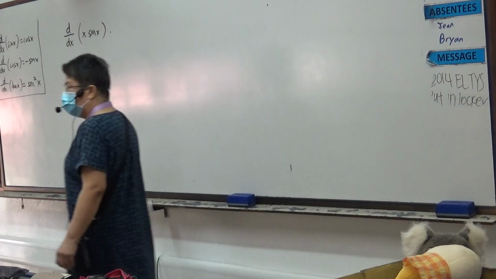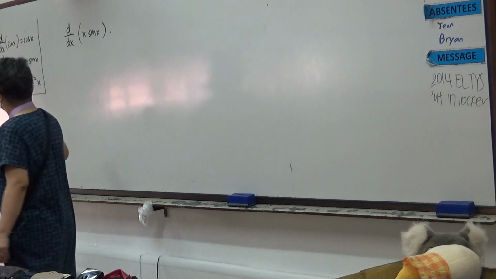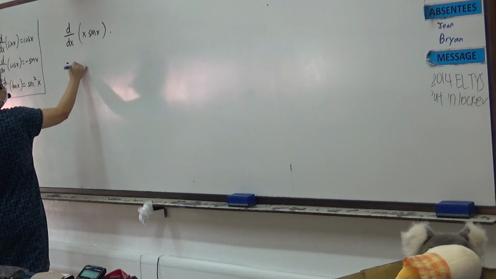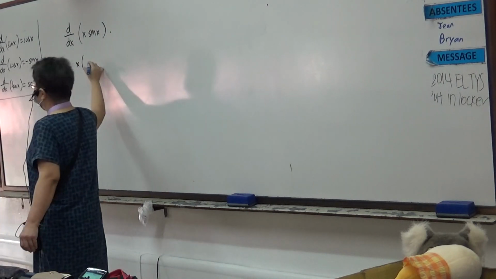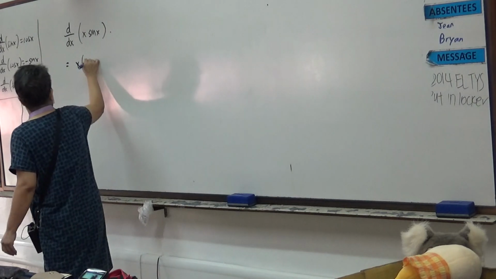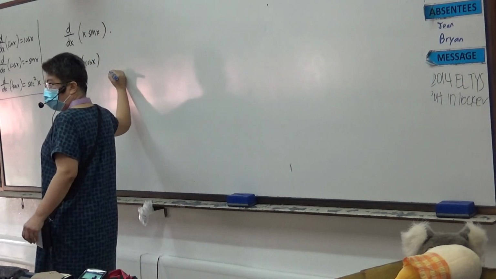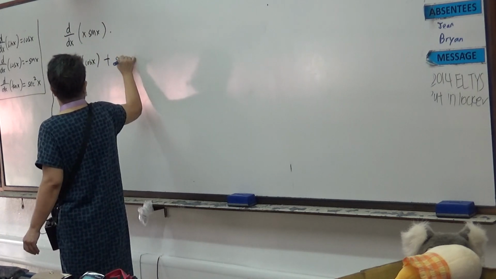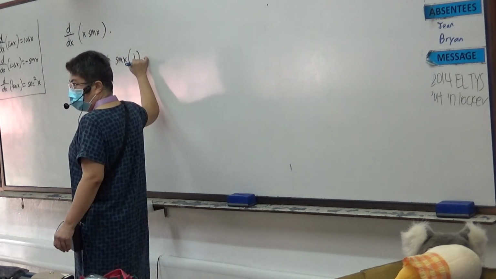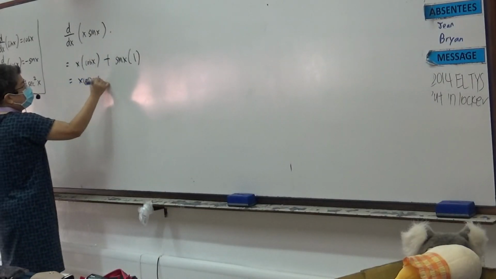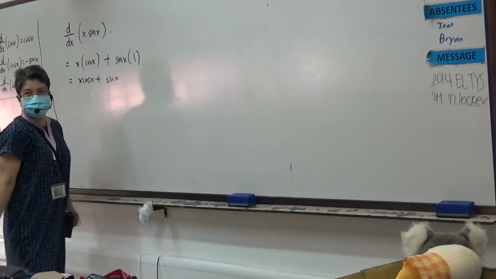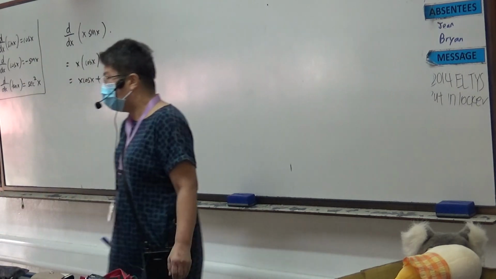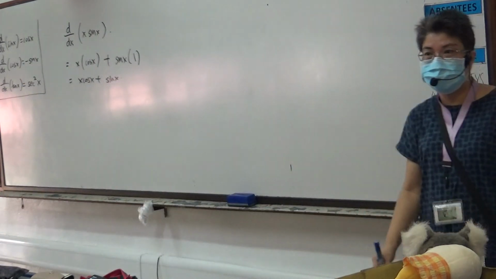So this one I must use the product rule. I fix this. Then when I differentiate this one, I get cosine x, right? Then I plus, I fix this, I differentiate x, I get 1, right? So actually it's just x cosine x plus sine x. This will be my differentiation. Agree, class?